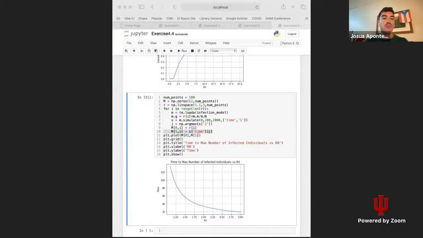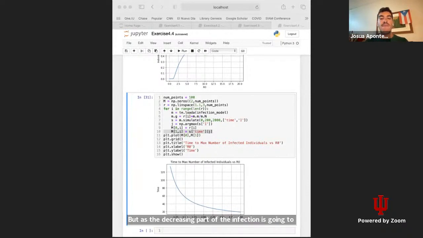The exponential growth rate is going to be described by n times gamma minus mu, whereas the decreasing part of the infection is going to be determined by mu.